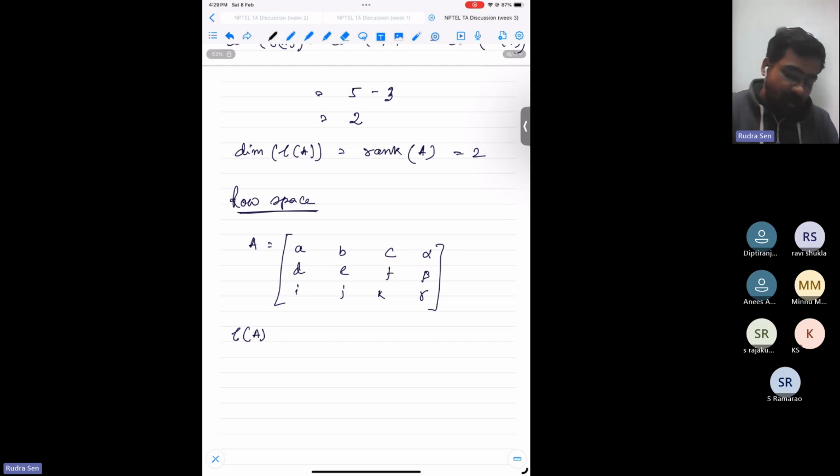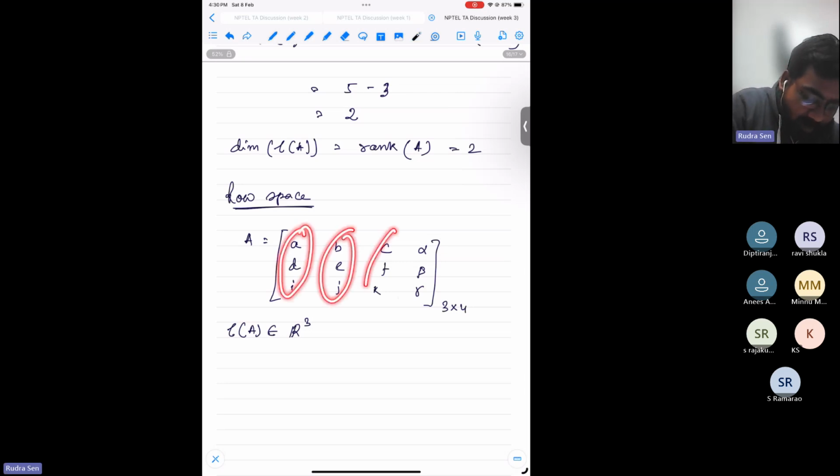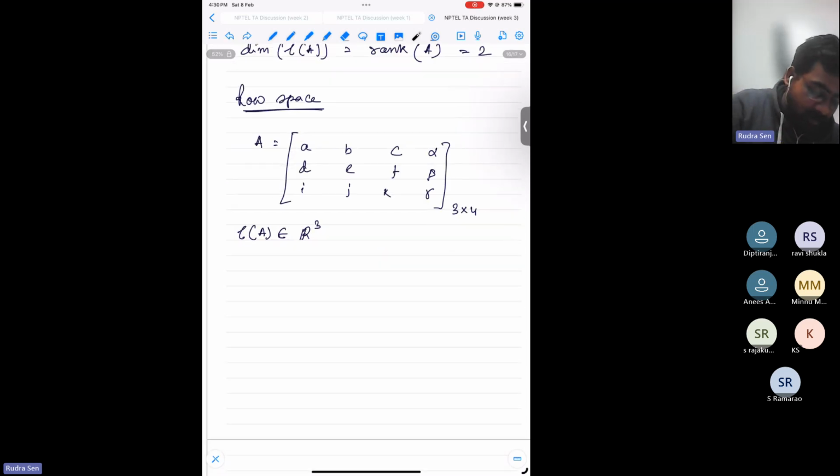It will be better. The column space is the space spanned by the columns, and here you can see it is a 3 cross 4 matrix, right? So the column space belongs to R3. Why R3? Because it is spanned by these columns, and the number of elements in each column is 3.